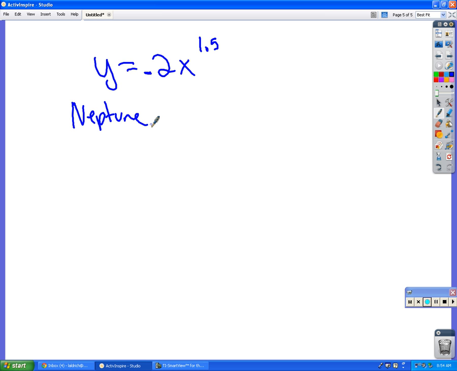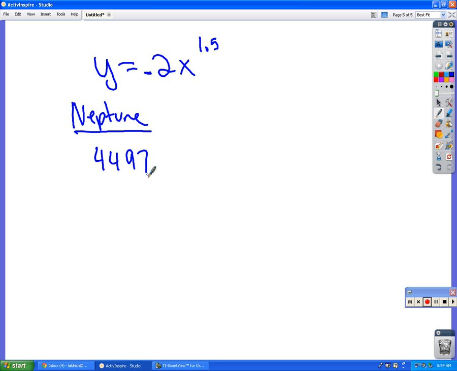Okay, so if we wanted to figure out the orbit for Neptune, if we knew that its average distance from the sun was 4,497, where would you plug that number into the equation? In for the x, because the first column that we entered was the distances. So you plug 4497 into the x.